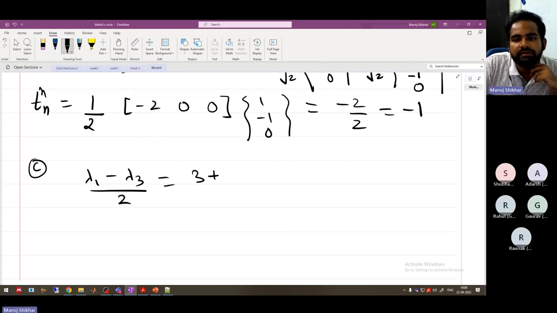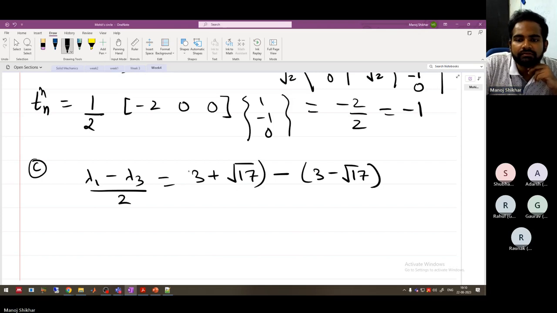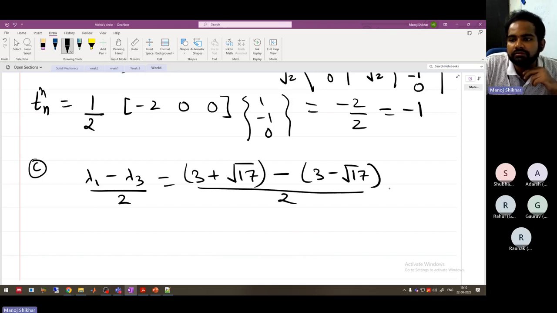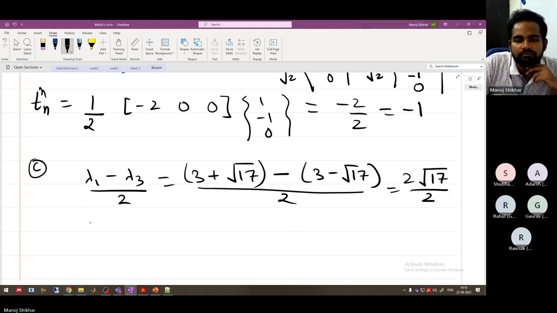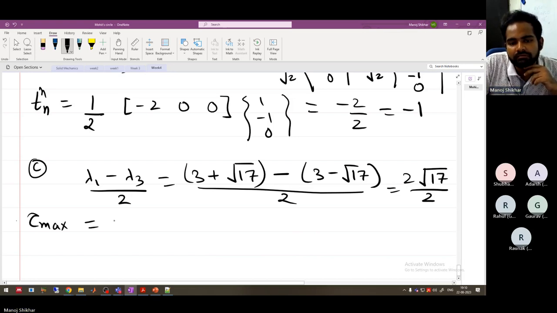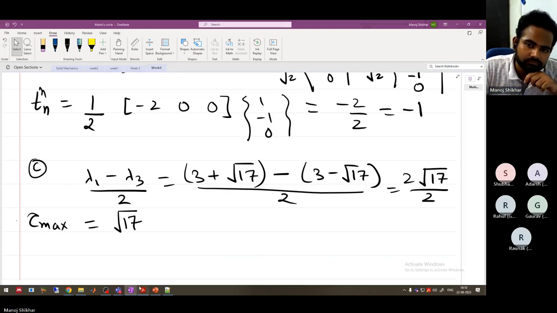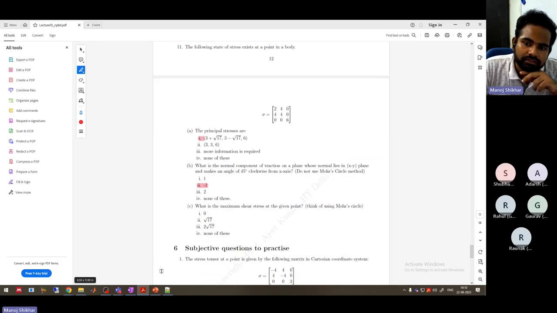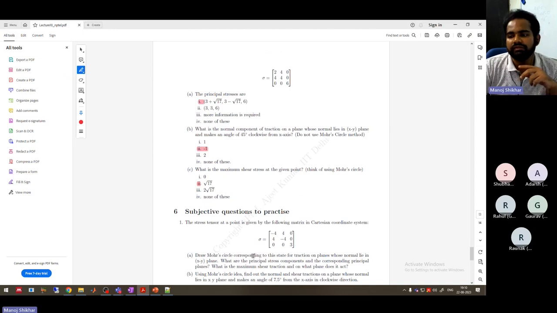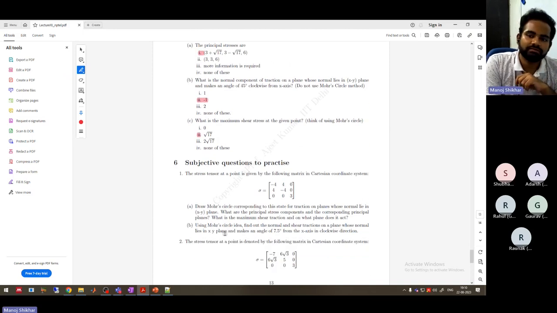So the answer is 3 plus root 17 minus 3 minus root 17, divided by 2. This is 2 root 17 by 2. So tau max will be root 17. So this is the answer.